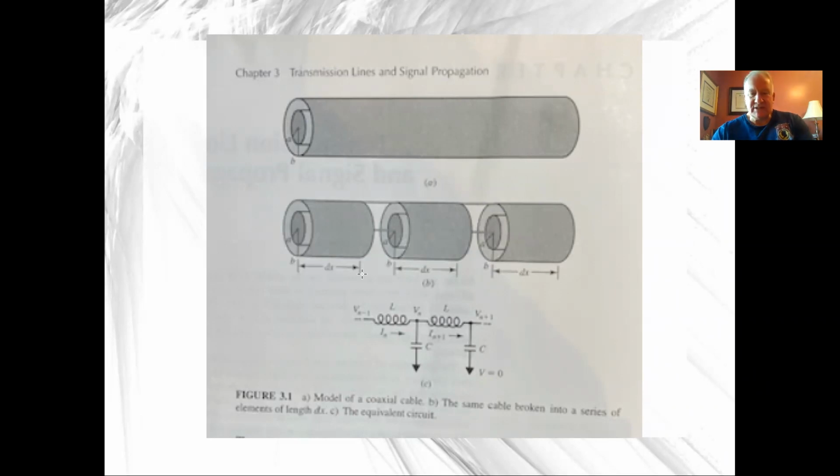Let's say there's no resistance. Then this would look like a series of inductors and capacitors. Here's the inductance and the capacitance of this section, and here's the inductance and the capacitance of this section.